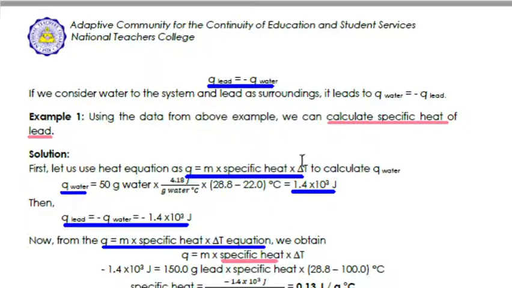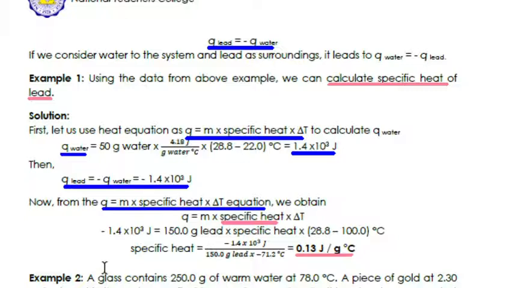So you can now compute for the heat of water. Using the formula, heat of lead is equal to negative heat of water. Therefore, heat of lead is equal to negative 1.4 times 10 raised to 3 joules. You can now use this value of heat to look for the specific heat of lead.